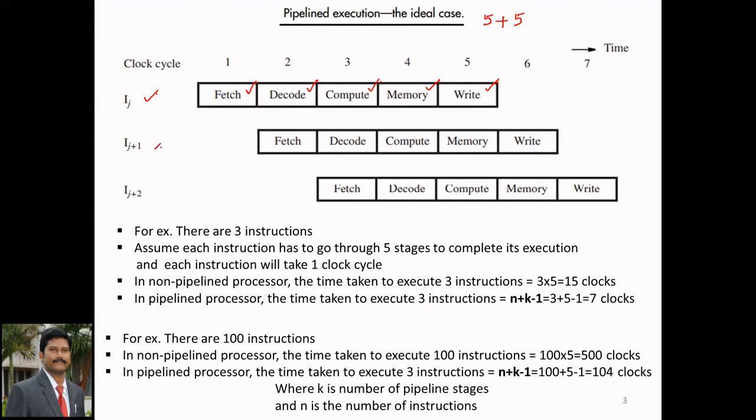For instruction 3, it will take once again 5 clock cycles. Assume that each stage takes 1 clock cycle. Then if there is no pipeline concept, in total it will take 15 clock cycles to execute the given program. This is non-pipeline.